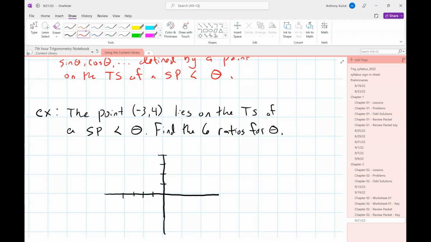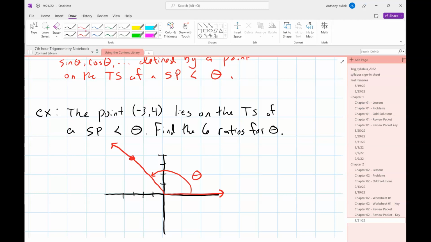I'm going to plot -3, 4. So one possible theta could be this one right here.